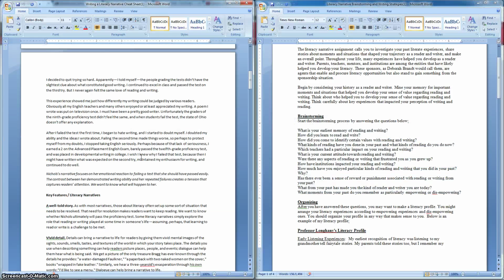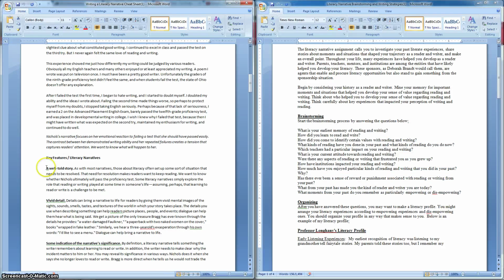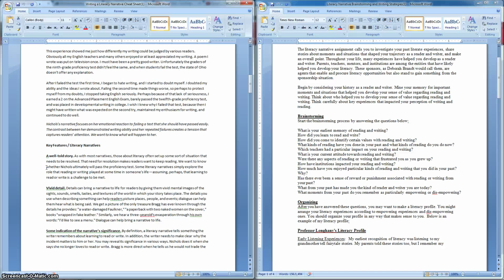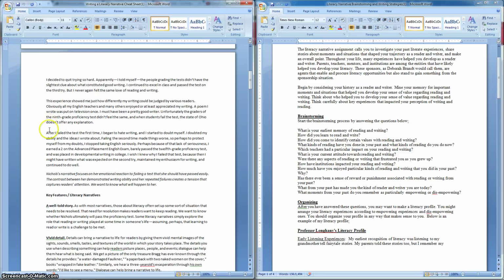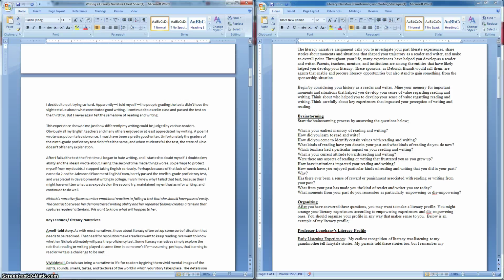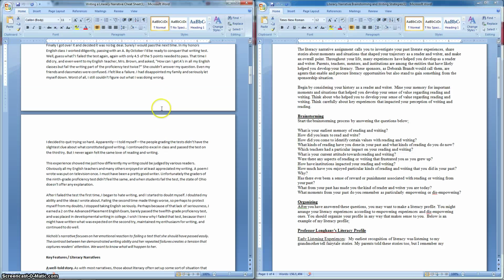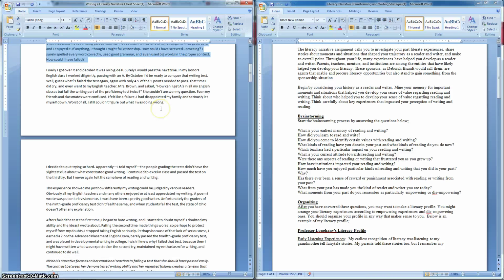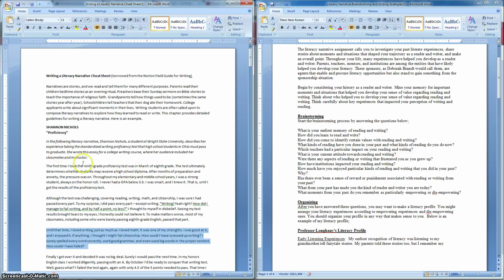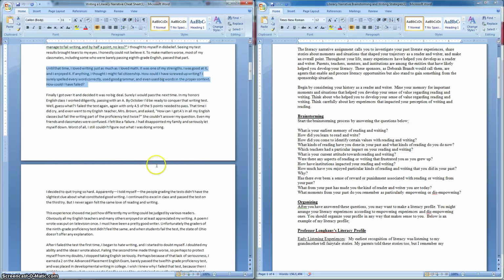Some other things I have in here to help you along are the key features of literacy narratives. Well, I already mentioned some of these. Well-told story, vivid detail. So make sure, looking at the David Sedaris example that I posted, or even this sample up here, she spends more time, this author, Shannon Nichols, rather, I don't know why I call her Nicole.